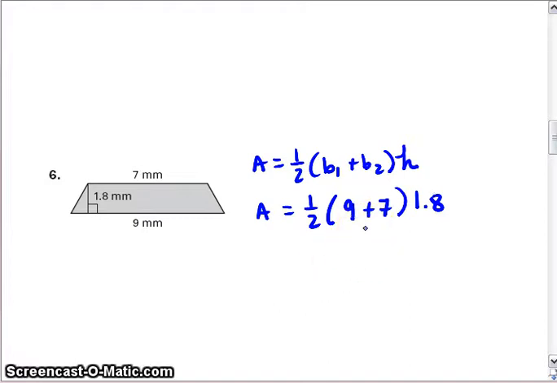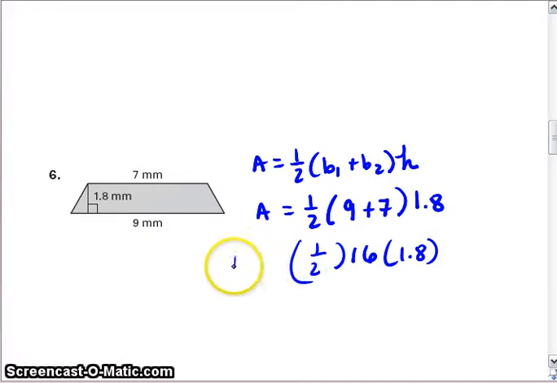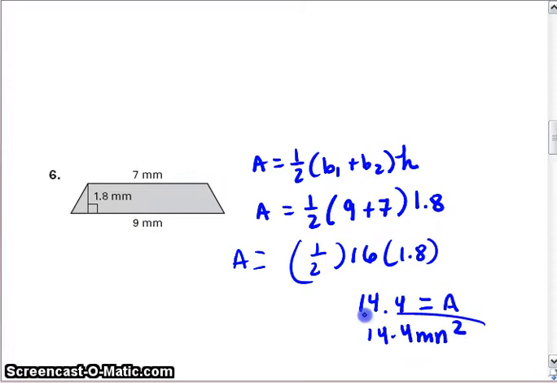Well, 9 plus 7 equals 16, times 1.8 times 1/2. This should give us our area. And our answer should be 14.4 equals area, or 14.4 millimeters squared is the area of that trapezoid.